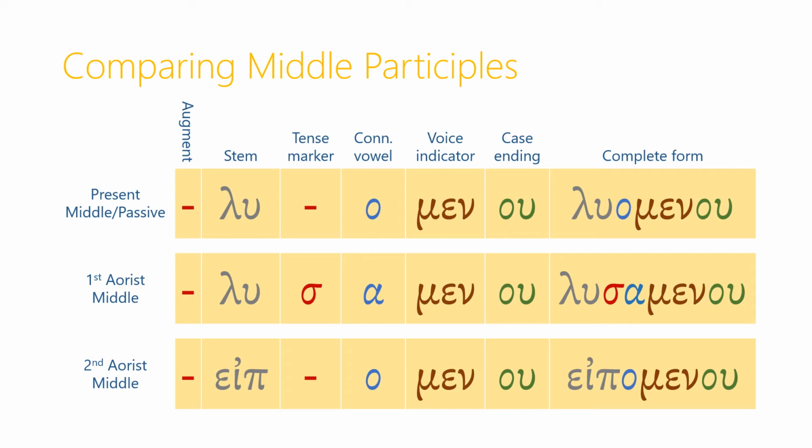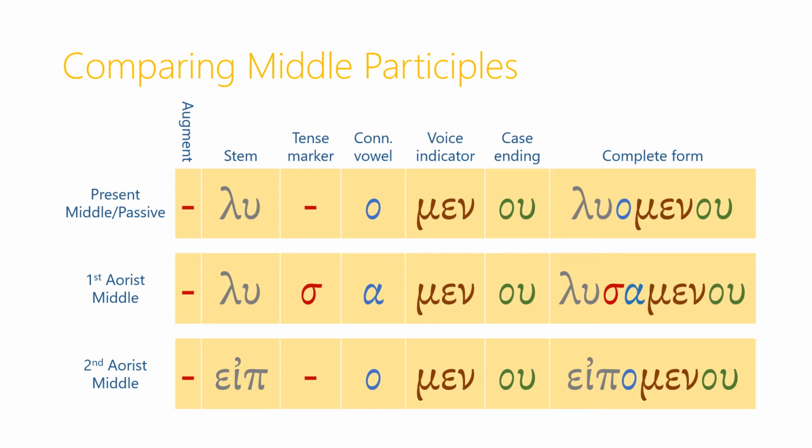The first aorist middle had the typical differences from that. Sigma tense marker appears, the alpha connecting vowel is substituted for the omicron connecting vowel, but the men middle voice indicator is still there, and the second or first declension noun ending.